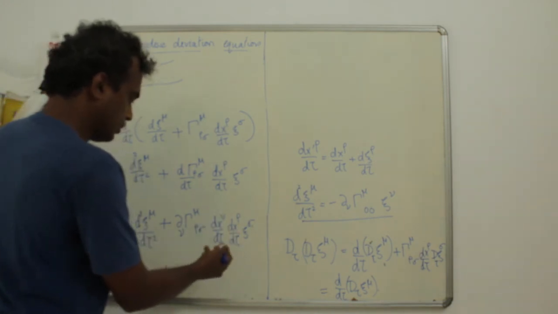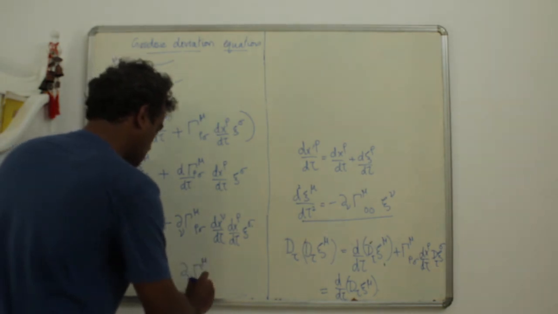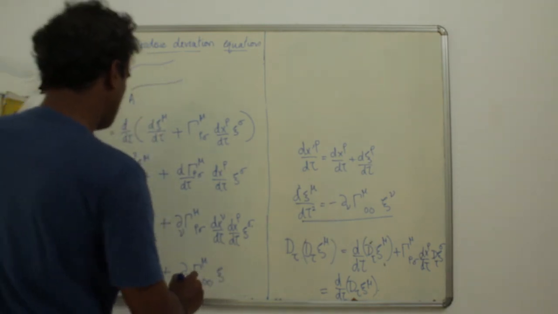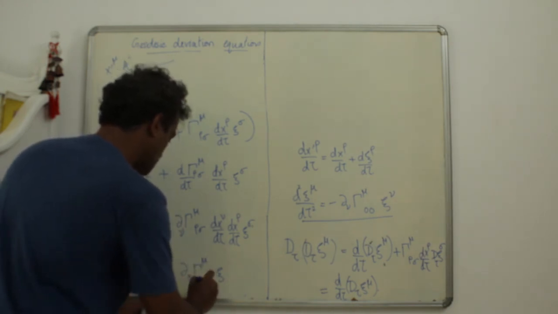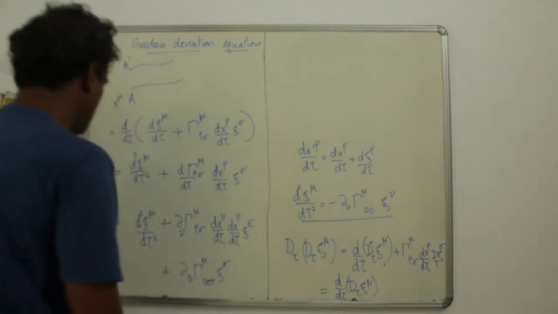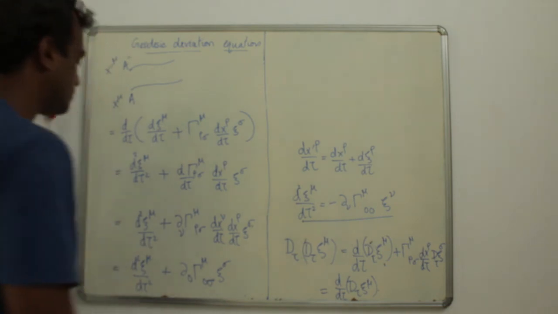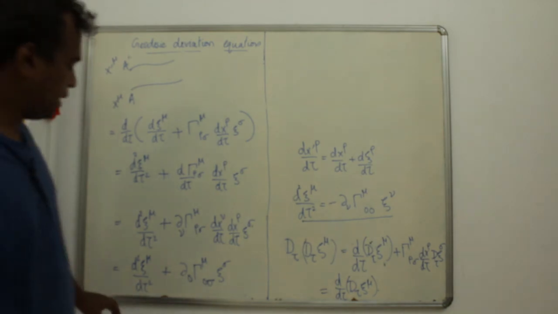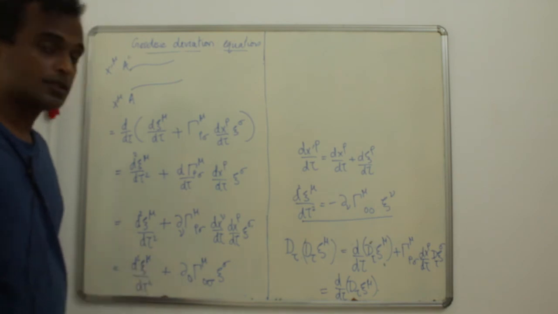And the non-zero value being equal to 1, we could write this expression as del mu gamma mu 0 0 times psi, minus del 0 gamma mu 0 sigma times psi sigma, plus the factor of d square psi mu by d tau square. Now we could make use of this expression for the second derivative of psi mu.